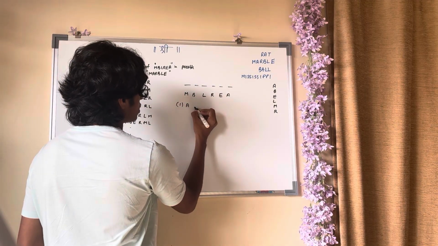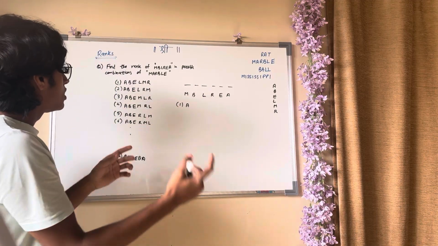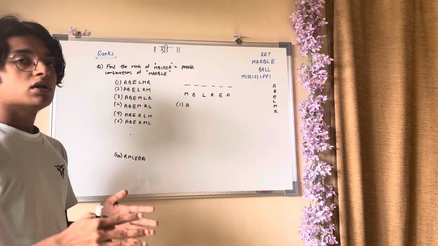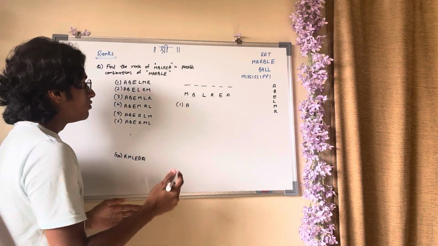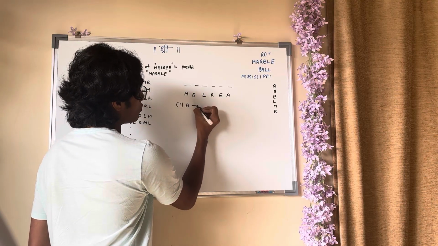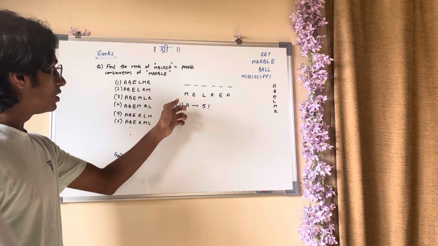So 5 factorial would be BELMR, BELRM, and all the other possible words where A was the first letter. So when A was the first letter, we have 5 factorial ways of representing these words.